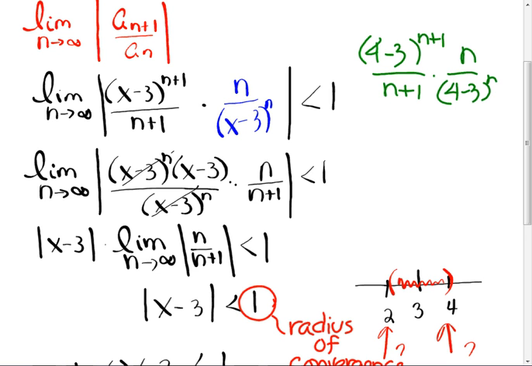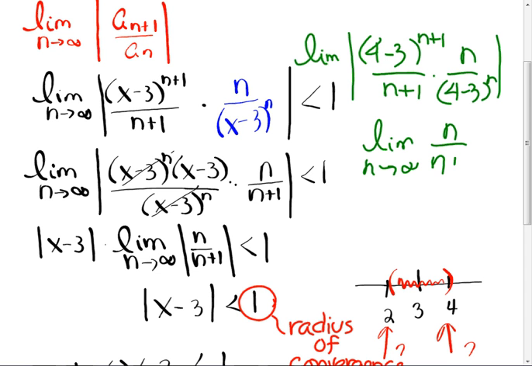And I want to take that limit. What is that limit equal to? As n goes to infinity, this is n over n plus 1. It's 1. Remember what happens when we get 1 in the ratio test? The ratio test fails, right? So you have to go back and do those convergence tests on the original one.